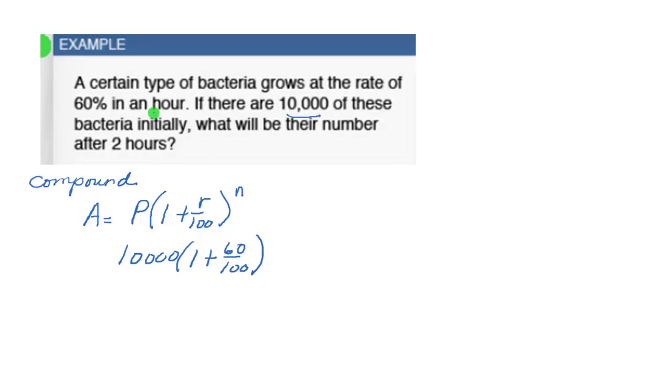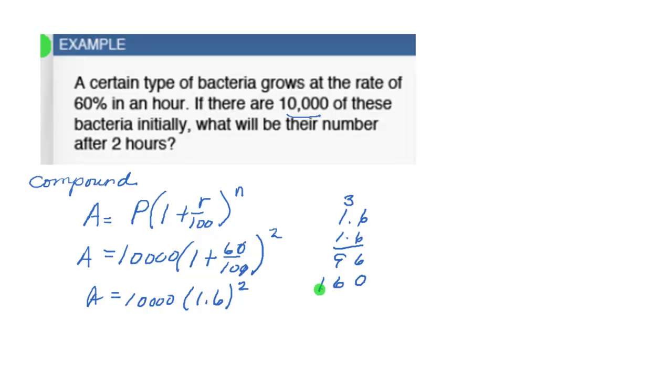So P is 10,000. Your rate is 60%, so 60 over 100. And your n, now we're talking hours, so we're looking at it for 2 hours. Okay, so in here, I'm going to reduce to get 6/10, and so you know that that's 1.6, and we have to square that, order of operations. So 1.6 squared is 2.56.